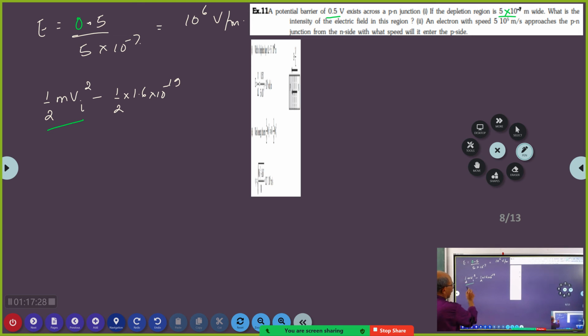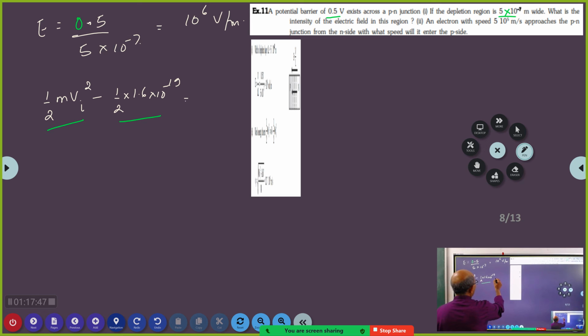This is the kinetic energy of the electron, and this is the energy the electron loses because it has to overcome the potential energy barrier. Correct?